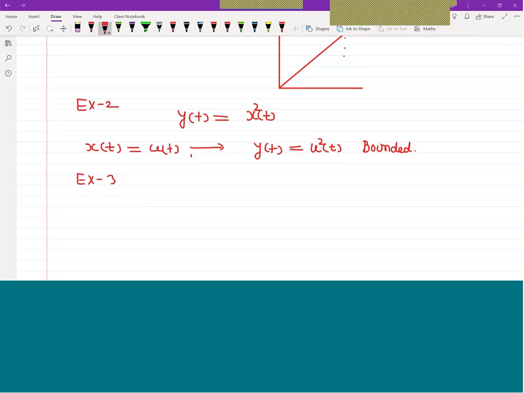Let's say y of t equal to e to the power x of t. Is this system stable or unstable?